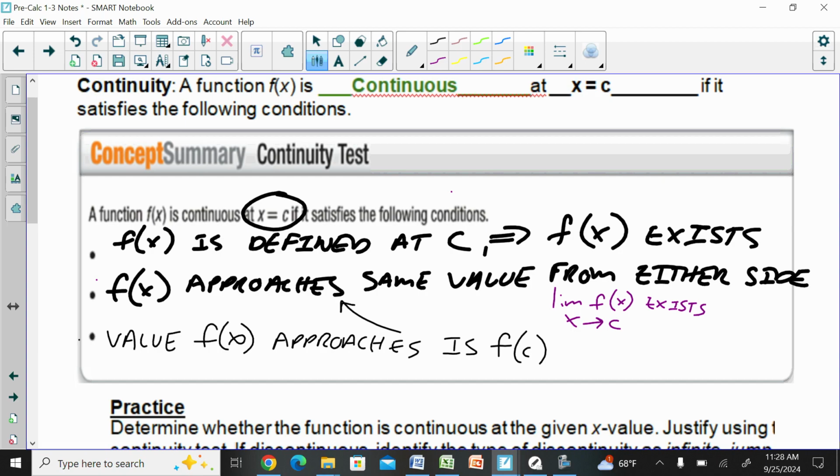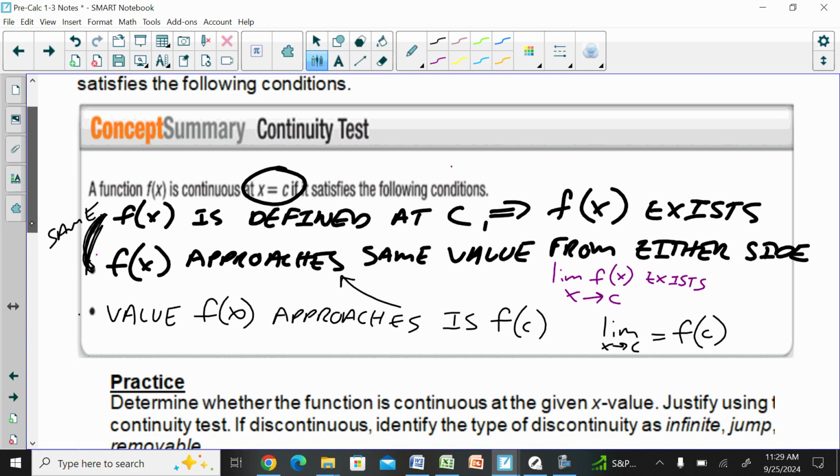These two are the same, then it's continuity. So the limit as x approaches c of f of x is equal to f of c. All that's really saying is that if we have a point that exists, we have a limit that exists, and that limit is that point, then we have continuity. That means there will be no holes, breaks, or gaps in our graph.